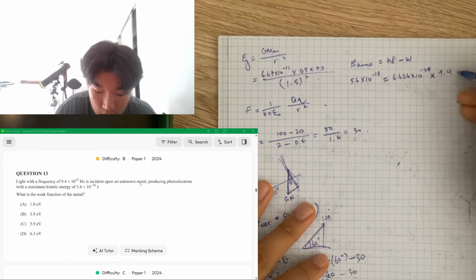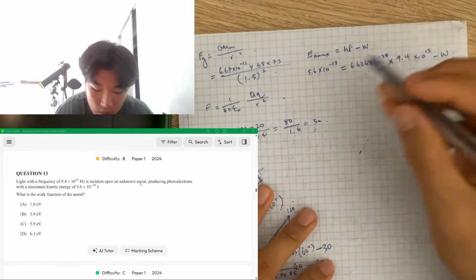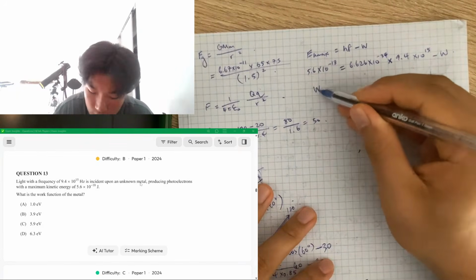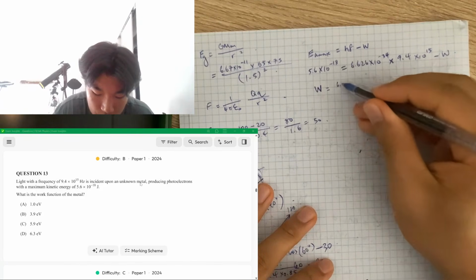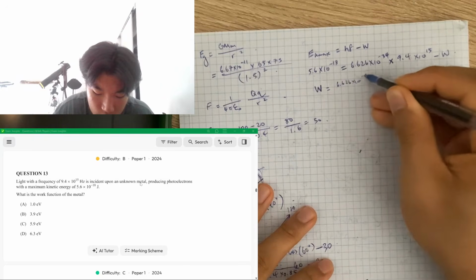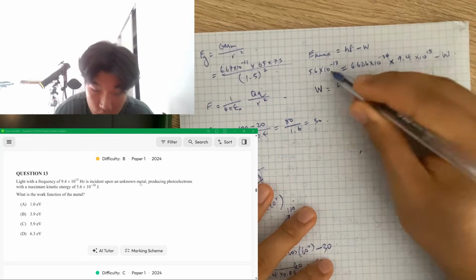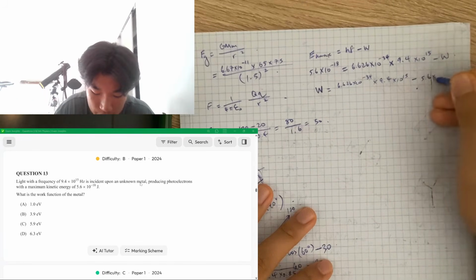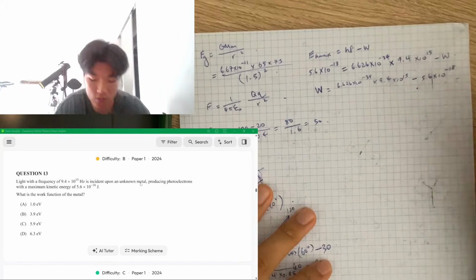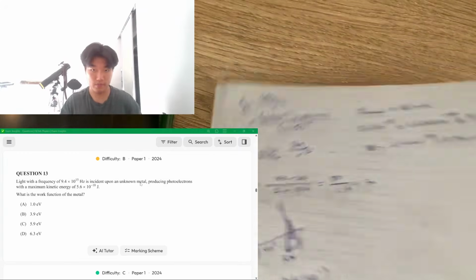So we multiply it by the frequency, and then we add the work function on both sides, and then we subtract the maximum kinetic energy of the photoelectrons. So we get this.